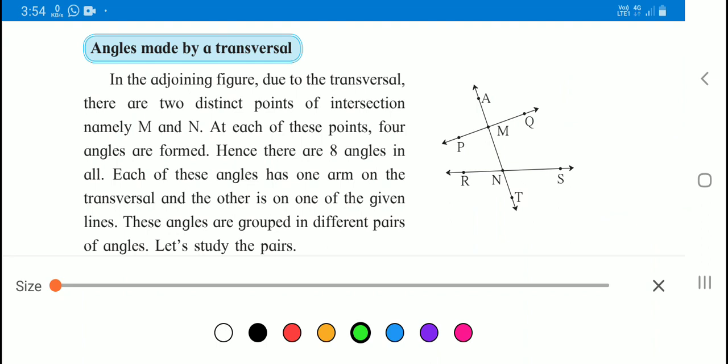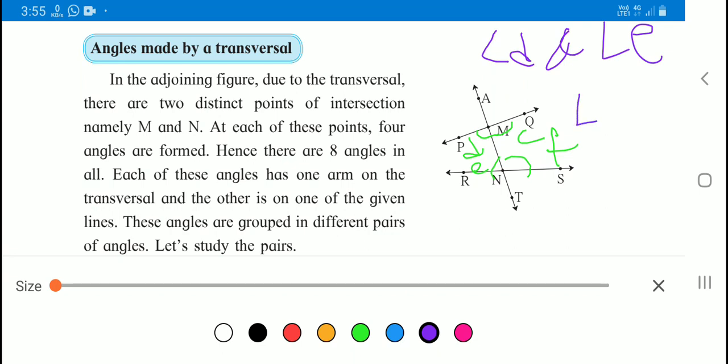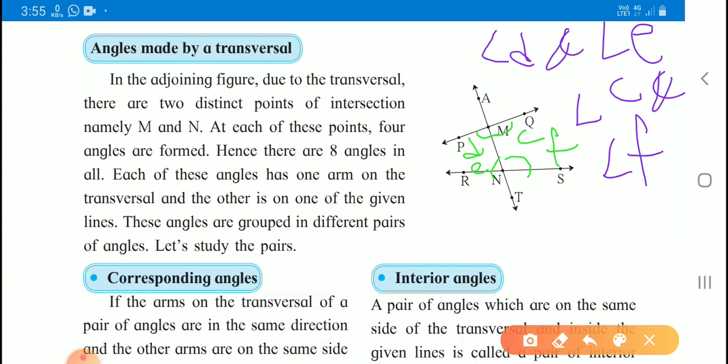Interior angles are A, B, C, D, and interior angles here are E and F. Now here the angle D and angle E, angle C and angle F. These are the pairs of interior angles. Now which angles remain here?